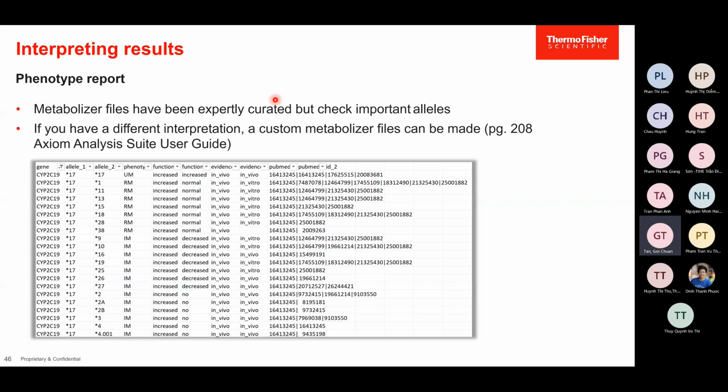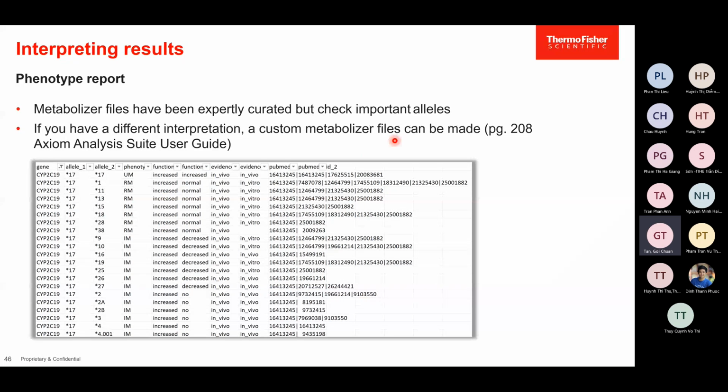Because different research might say that STAR36-10 is a reduced function, while another research says that STAR36-10 is a null function. So it's a clash. Sometimes the customer may want to decide which star alleles or combinations refer to reduced function or null function, so they can actually change this metabolizer status. There's an option; you just need to follow this user guide and change it.